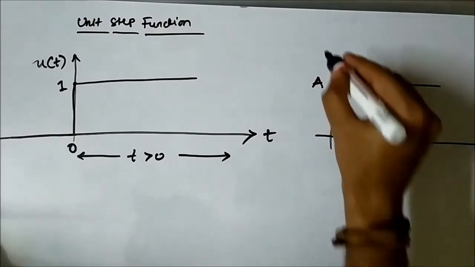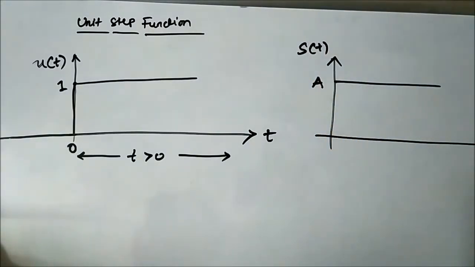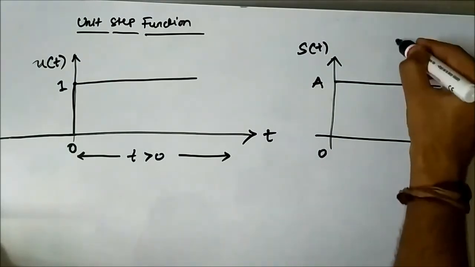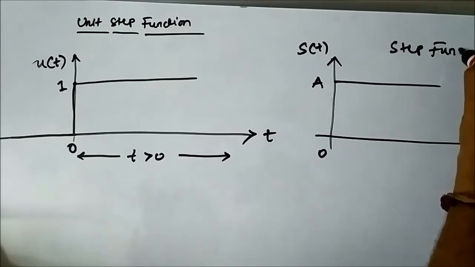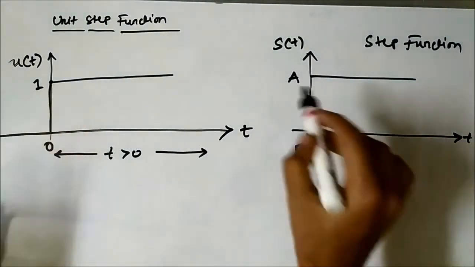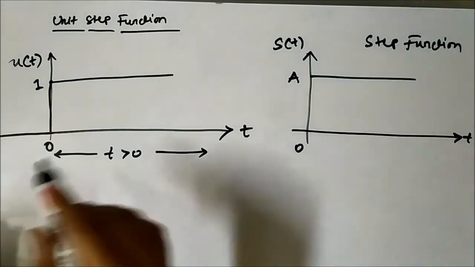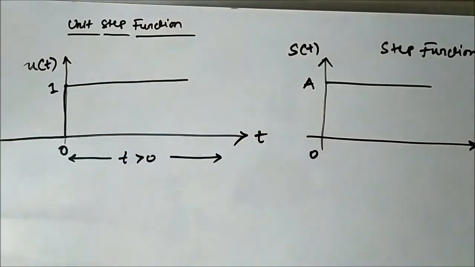Then it will be only called a step function, not a unit step function. Here, as the constant magnitude is equal to 1, it is called the unit step function.